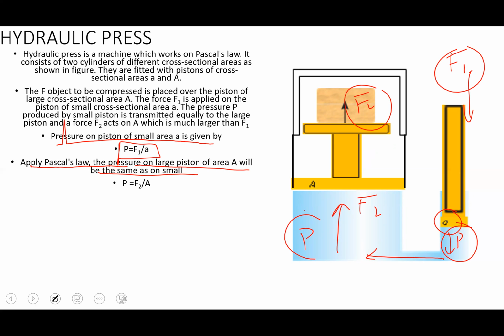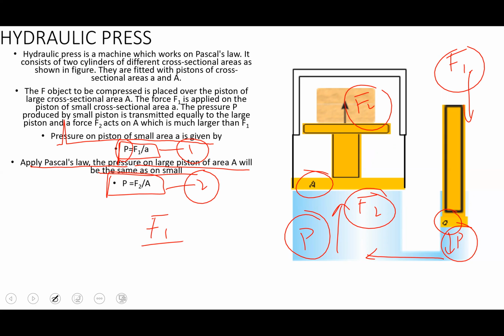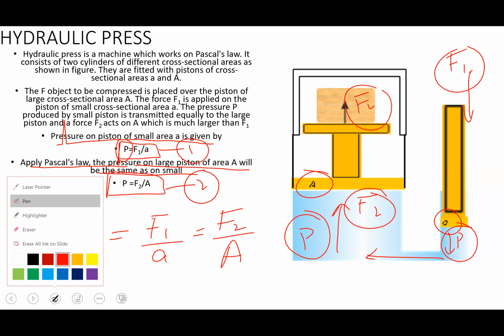That means the pressure over here will be F2 divided by capital A. If both equations 1 and 2 equal the pressure, then according to Pascal's law, F1 divided by a is equal to F2 divided by capital A, because both of them are equal to pressure, which is the same in the case of liquids.